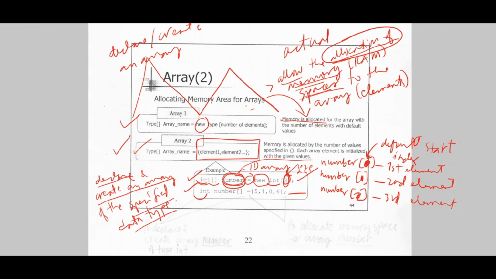These are the list of values, which are the initial values of the elements. Say, for example, we declare a one-dimensional array with the name number, the elements are of type integer, and these are their initial values.